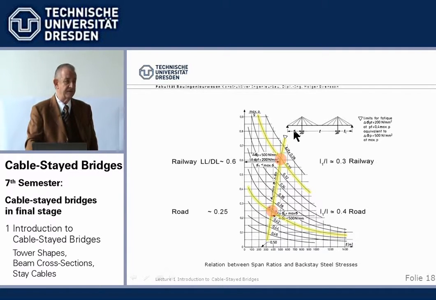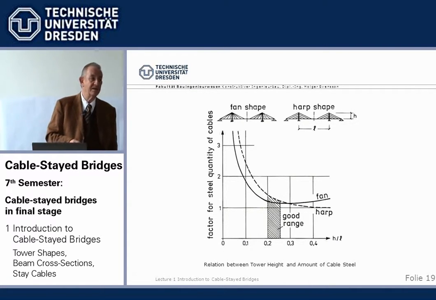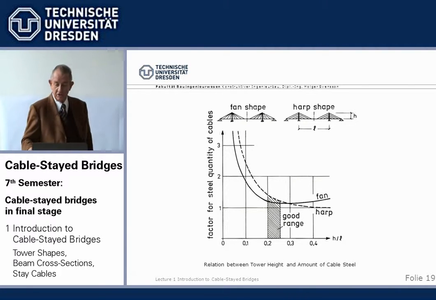There are other factors. If you can't place a pier somewhere, well, you have to do something else and take the consequences by means of more cable steel or things like that. How high shall the tower be? Also, if we make a cost diagram over that is a cable quantity, and here we have a ratio, and then we see the minimum cable steel is required in the range of 0.2 to 0.25.